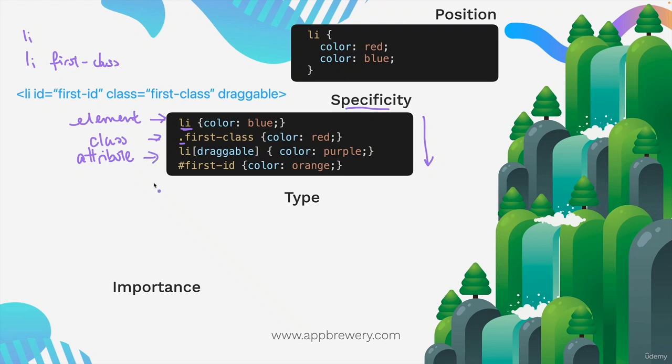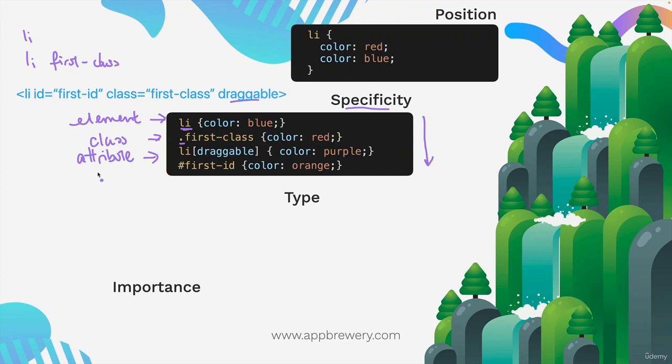Even though most sources will tell you that attribute and class are actually the same level of specificity, if you try it out, in most cases, the attribute will override the class. In this case, we're selecting on this attribute of draggable, and we're turning the list item that has that attribute set to the color of purple. And at this point of our code, if we didn't go any further, our text would look purple.